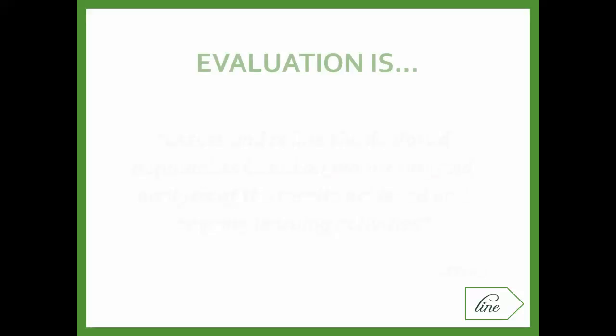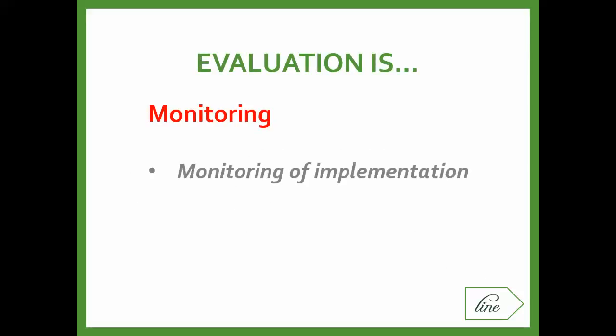When we talk about monitoring, there are a few things you want to pay attention to. First, you want to have a way to monitor your implementation. If you have a particular program, process or plan approach, how are you implementing it and how do you monitor the implementation?